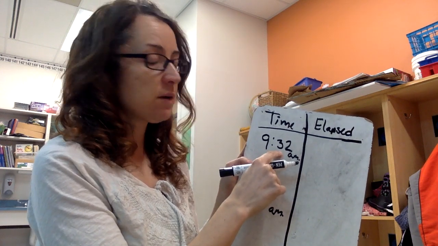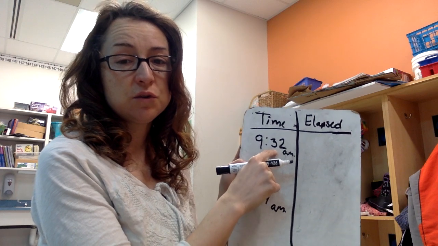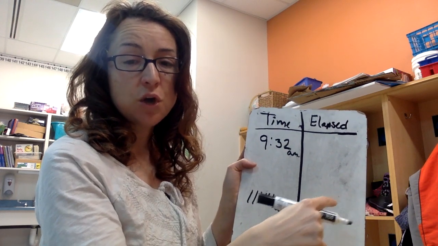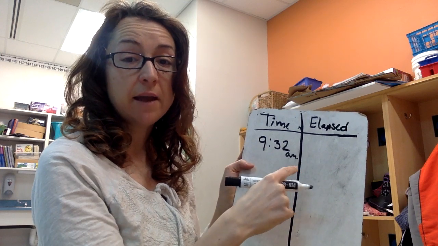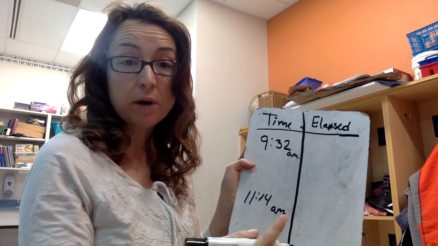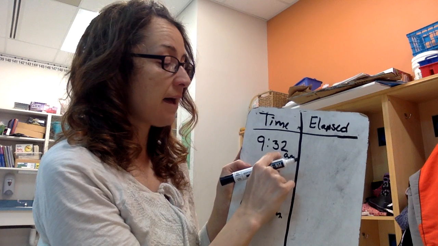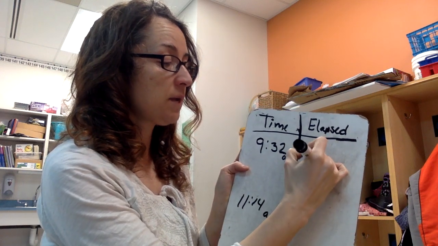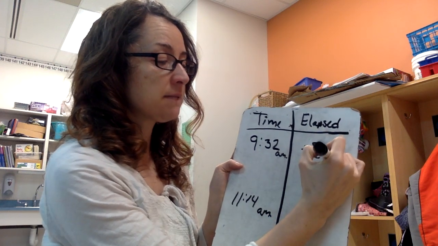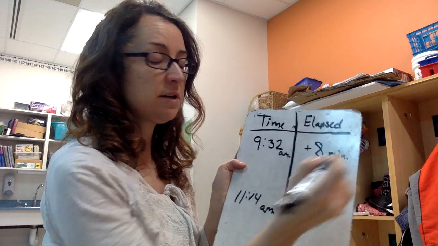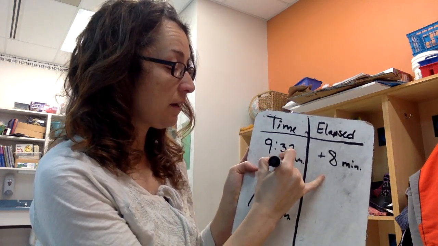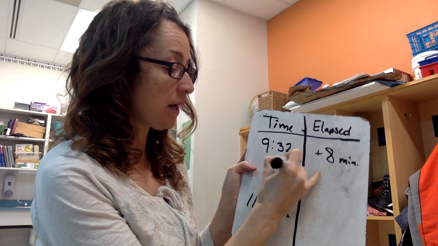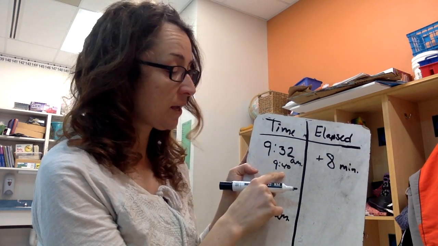So I want to bring my 32 to the next 10. The next 10 is 9:40. So if I see 32, I'm going to add 8 minutes, okay? So there's my 8 minutes here. And that's going to bring me to 9:40. So I'm going to put my 9:40 right here.